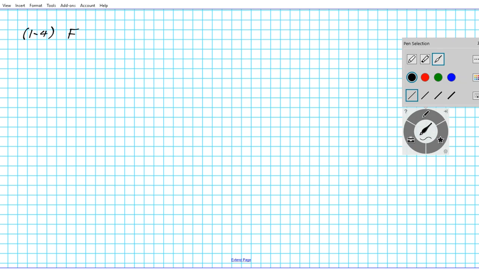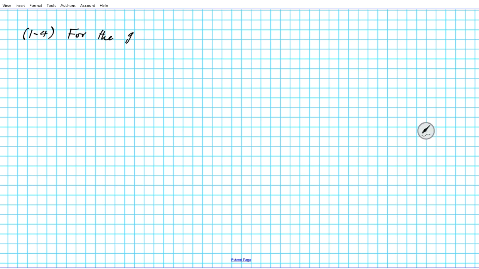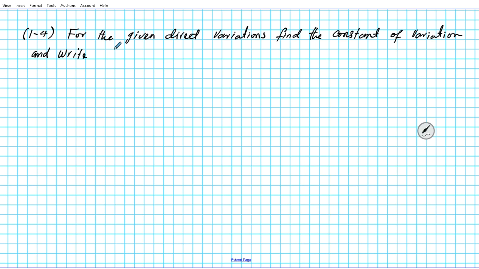For the given direct variations, what we're going to do is to find the constant of variation and write the equation. Alright, and write the algebraic equation.